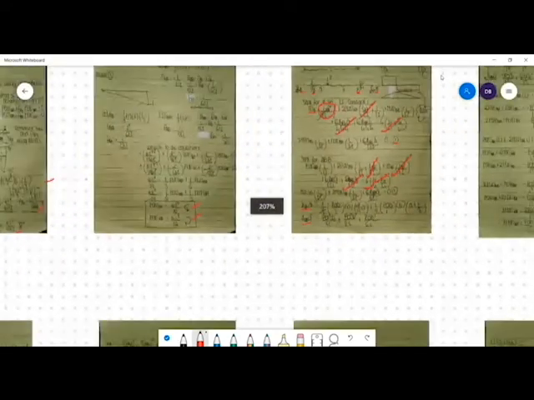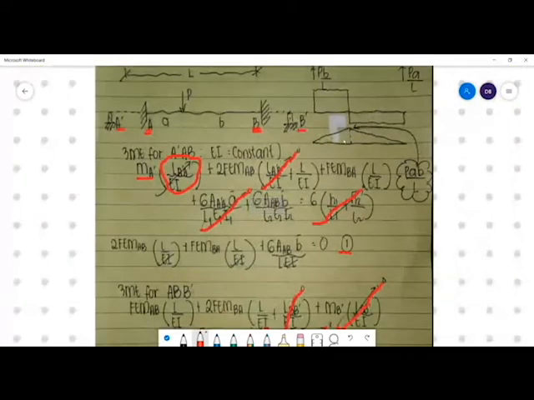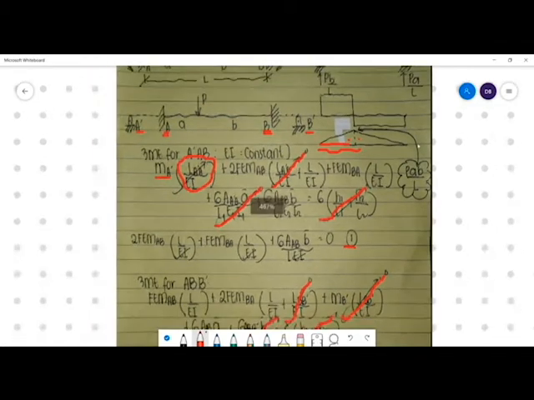So these are our centroids. If we measure it from the left, this is the 2/3. On the other hand, we measure the full length of the smaller triangle plus 1/3 of the larger triangle.